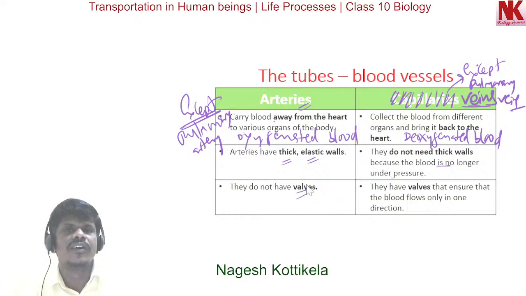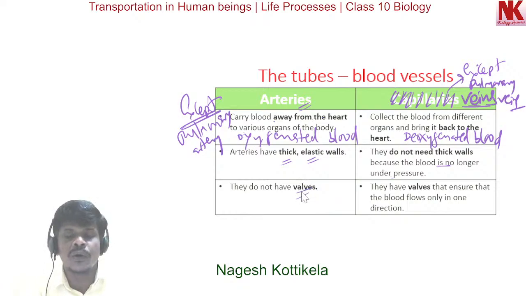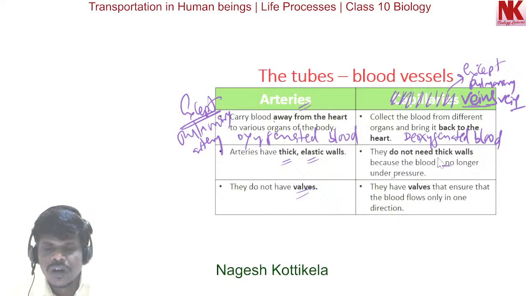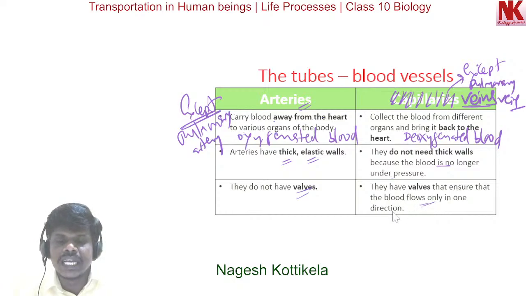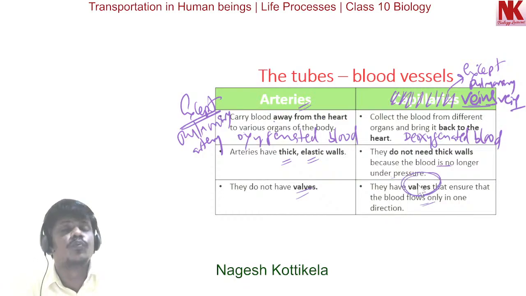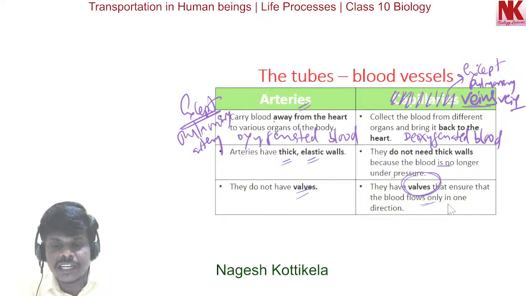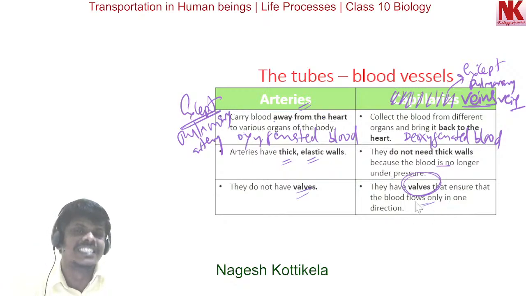Arteries do not have valves, but veins have valves that ensure the blood flows only in one direction.